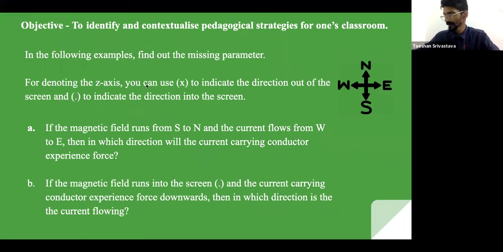I hope you all are interested in turning your left hand to be able to understand which direction is the right one.